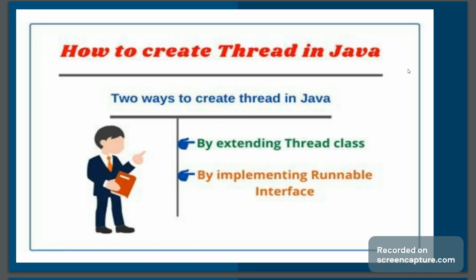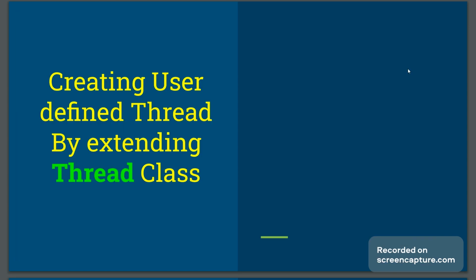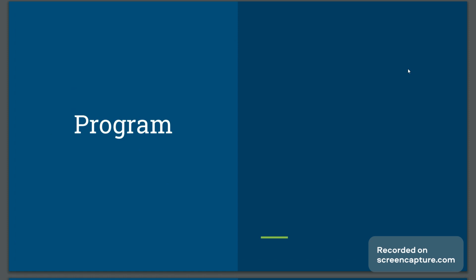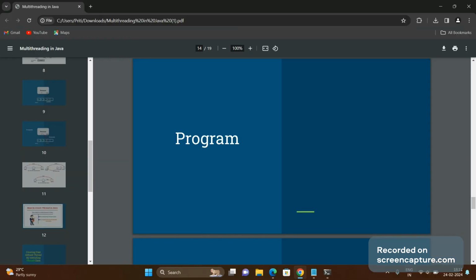Now moving on, how to create a user defined thread? There are two ways: by extending the Thread class, and by implementing the Runnable interface. We will understand how to create a user defined thread by extending the Thread class. We will write one program for it.